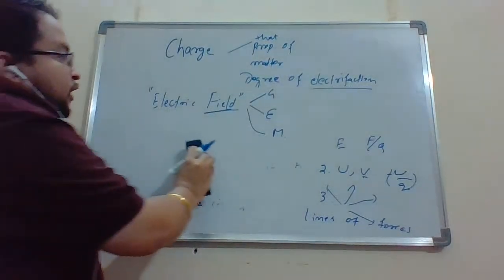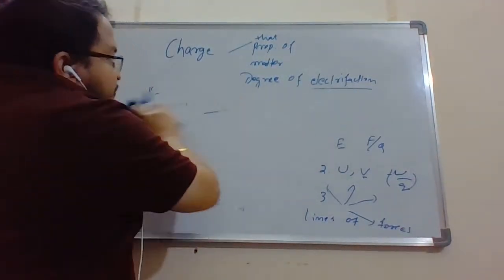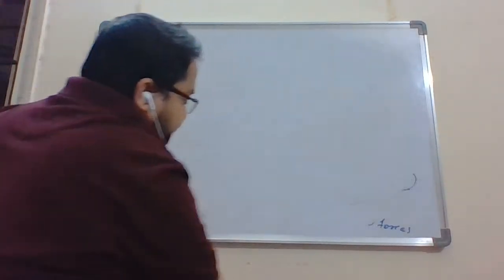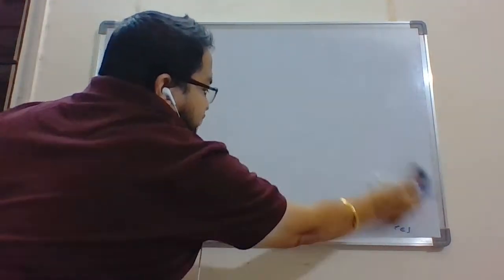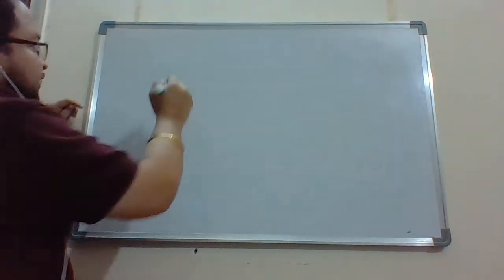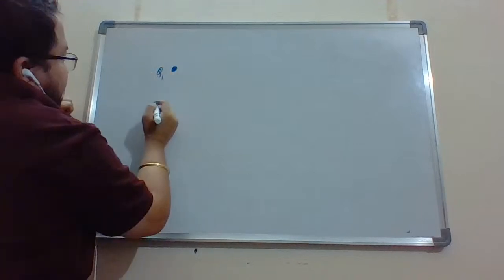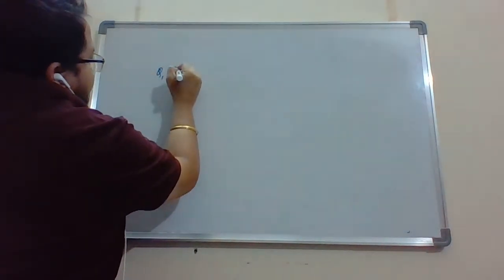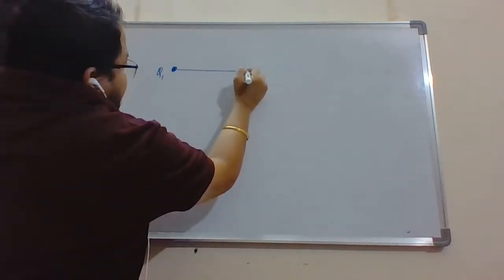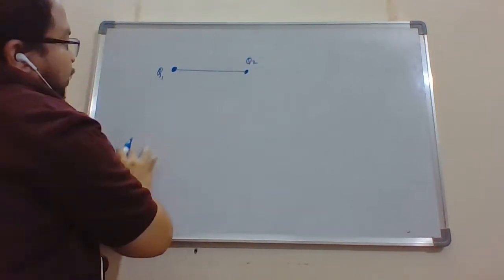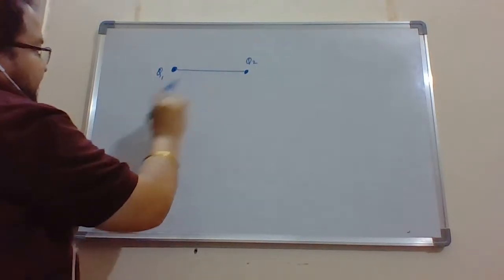Okay, now as per Coulomb's law, we have understood that, say, here is a charge Q1, and then at a distance r, there's another charge Q2, assuming both are positive charges or like charges by nature.